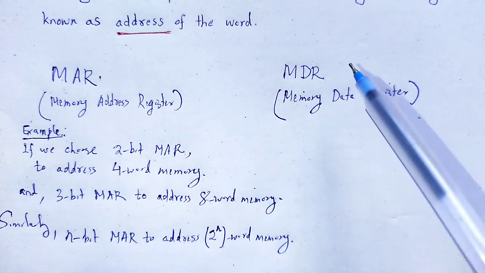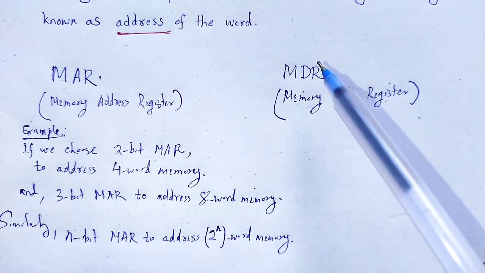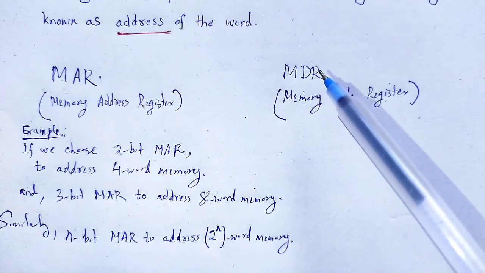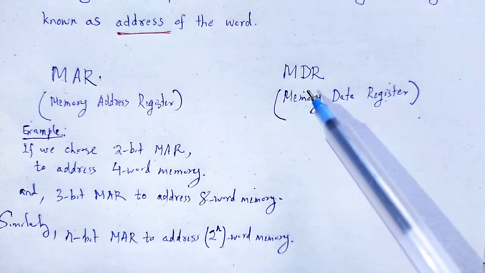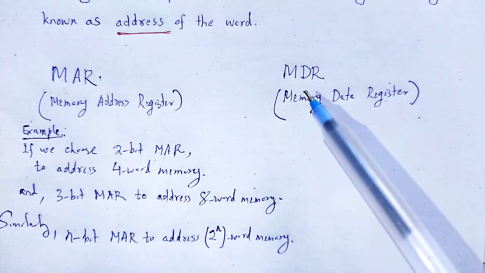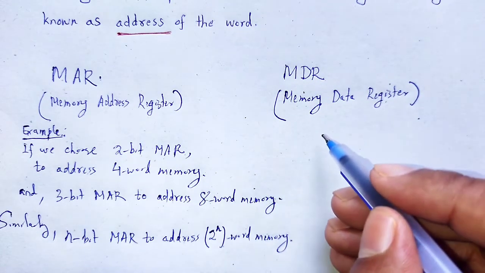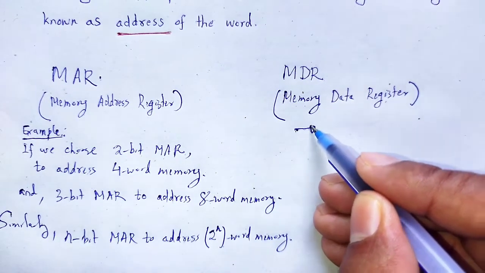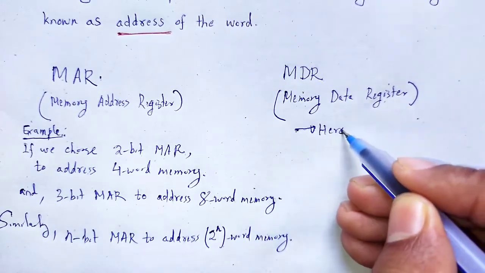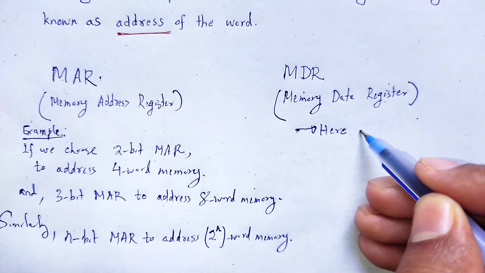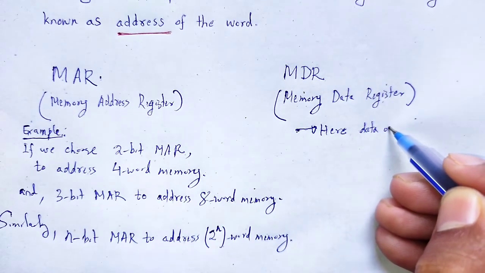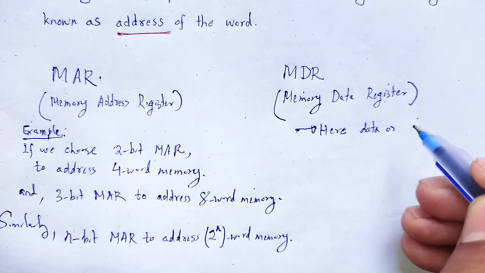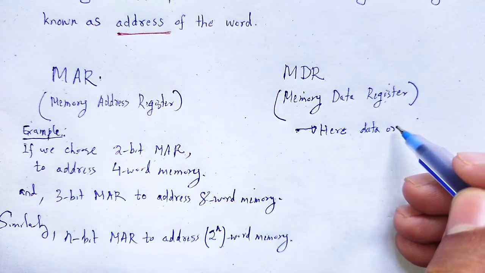In fact, MDR is a register in which the data to be written in a memory or the data read from a memory are placed.